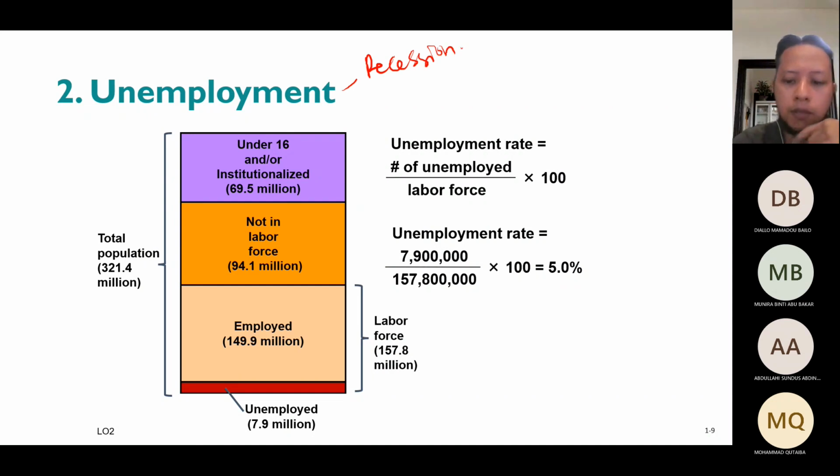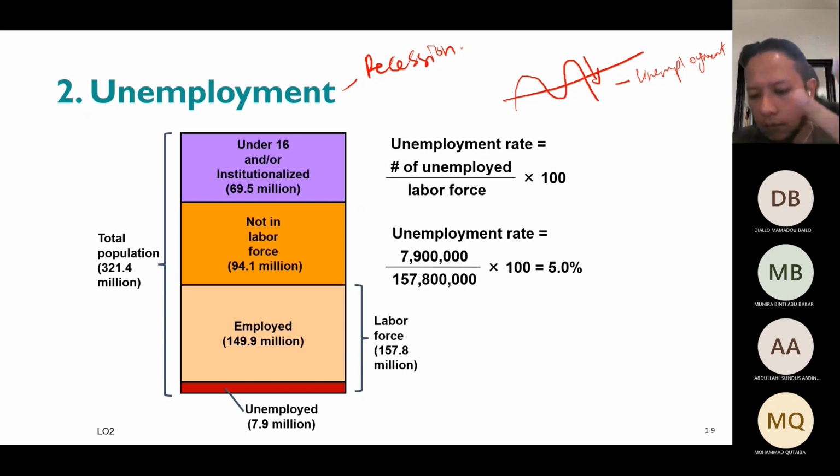Remember, recession is when the economy goes down, and this correlates with a high level of unemployment. When the economy is not doing well, many businesses will not do well. They will get less revenue, less profit, and they may have to lay off their workers. So many people will lose their jobs. Okay, so this is unemployment.